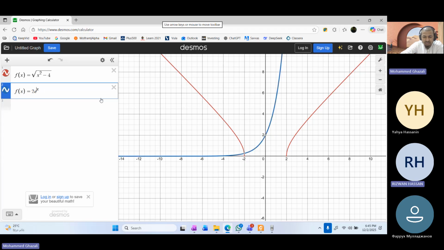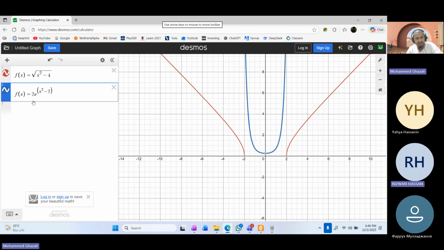You have to do brackets. This is too easy because this is just shifting the graph. But if you put x squared, now you're talking. See what happens. If you say 2 times e to the power x squared minus 2, it is a power function graph. The graph is called a power function.